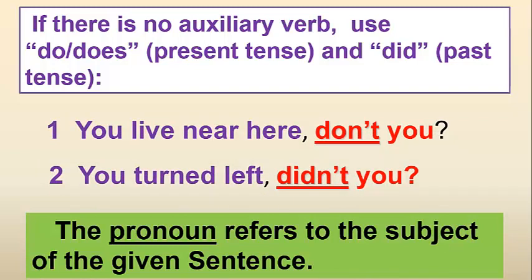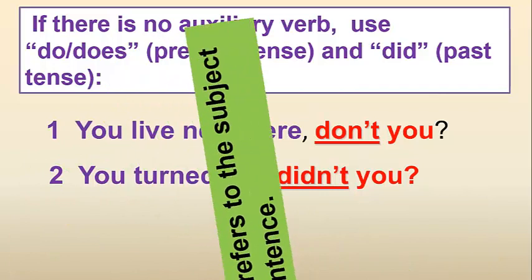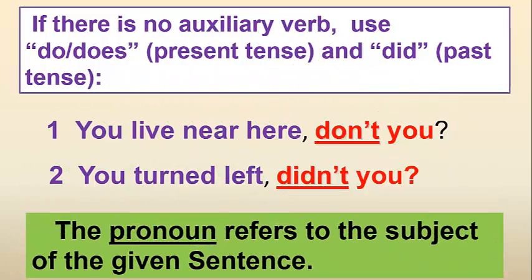Here the pronoun is you, live is simple present tense, so we'll use don't you. Second, you turned left. Look at the verb turned, past tense, so we'll use did, so didn't you. So the pronoun here refers to the subject of the given sentence. So be clear with your pronoun, children.